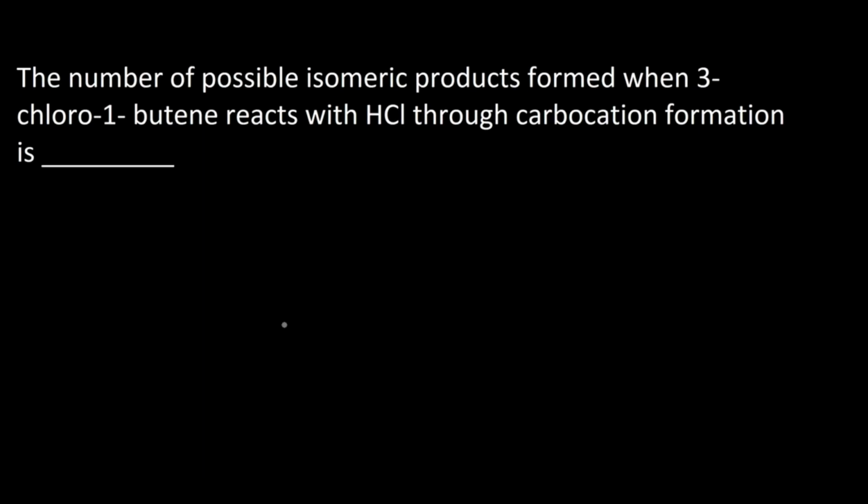Number of possible isomeric products formed when 3-chloro-1-butene reacts with HCl through carbocation formation. So 1-butene, 3-chloro, with HCl through carbocation formation. What we can see here is that HCl will get added over there, just an addition reaction.